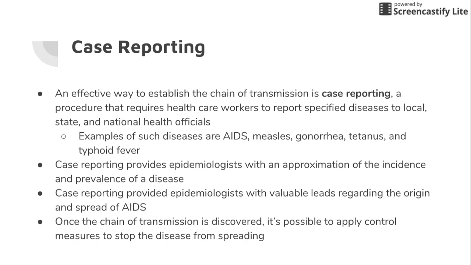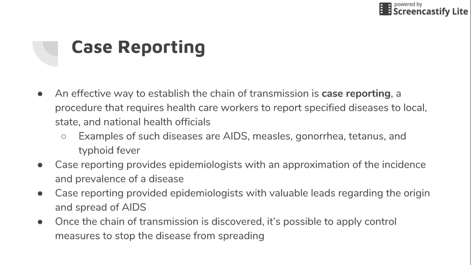Then there's what's called case reporting. So in order for them to track when and where the disease is occurring and who it's affecting and things like that, they have to have a chain of transmission and have case reporting. Epidemiologists will try to figure out where something occurred, who's reporting that they have this particular illness, and then you can figure out how to control it a lot better.